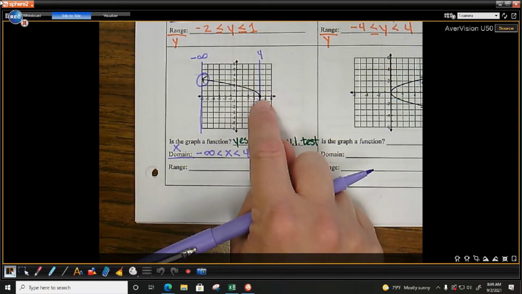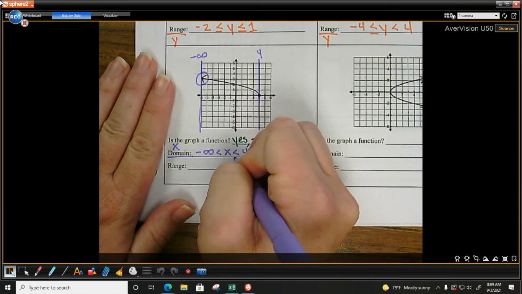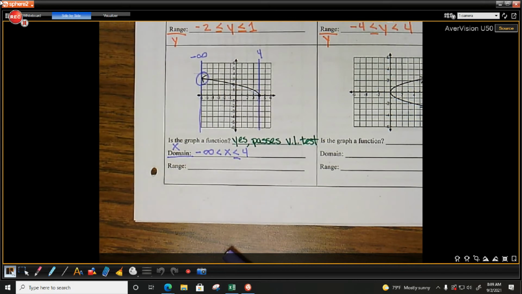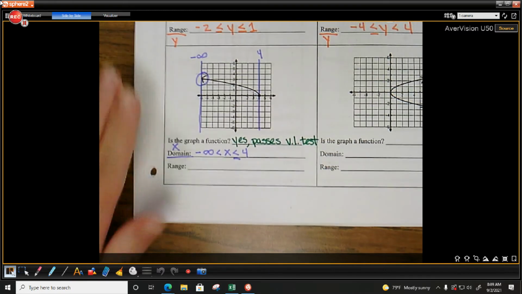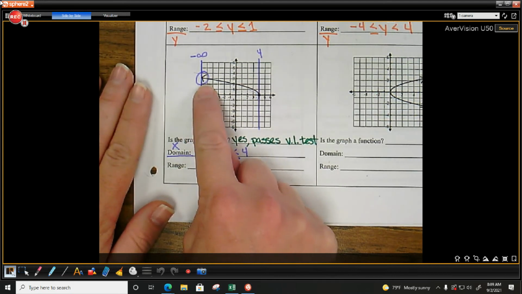Okay, whenever we're doing our domain and range for these continuous functions, or these continuous graphs, what we are doing is we are bounding where our graph is. We're saying it starts here, stops here. Okay? If we have an infinity, is that really a bound? Is that a starting or stopping point if it goes on forever? No, so you don't really have to include the infinity in your answer. Okay?